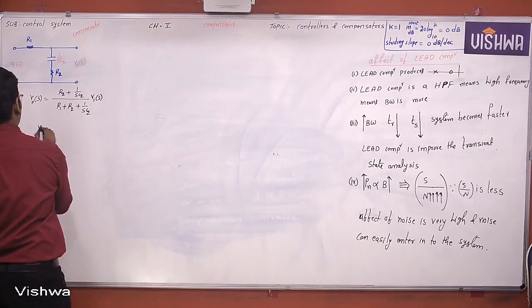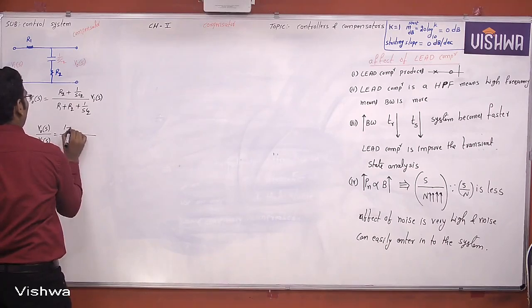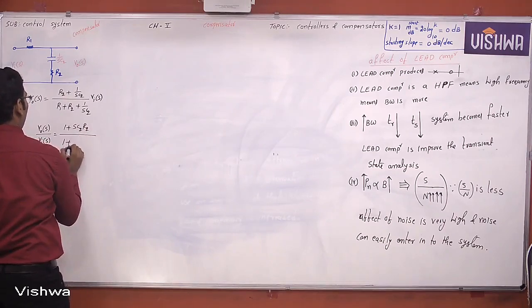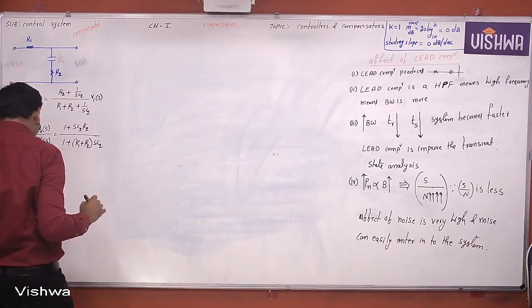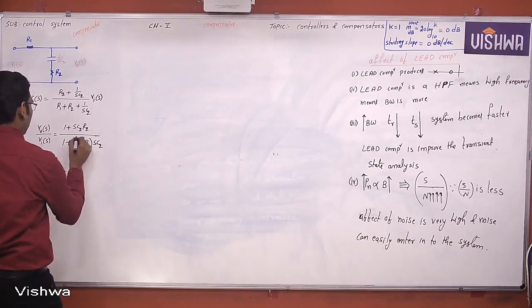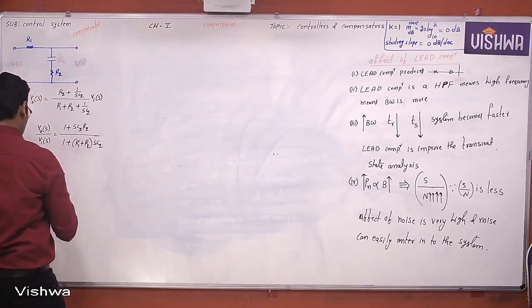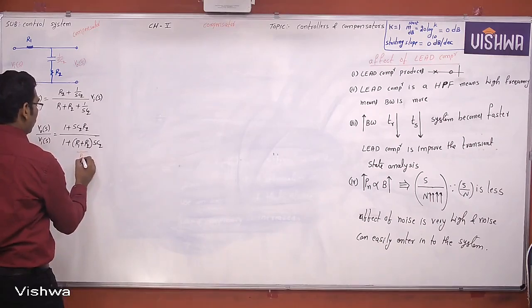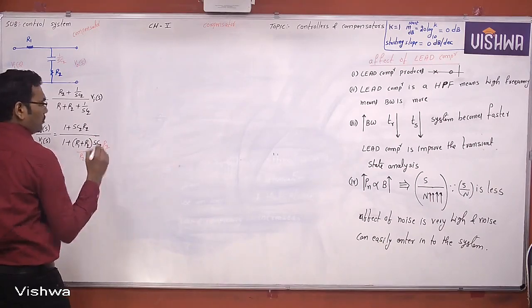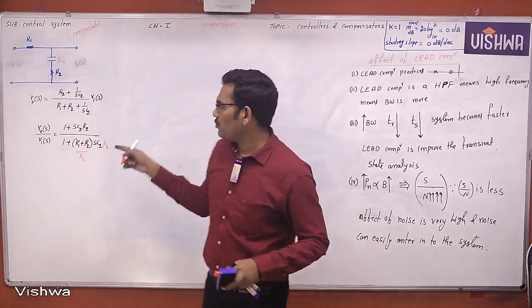The transfer function, Laplace transformation of output by Laplace transformation of input, is equal to 1 plus SC2 R2 by 1 plus R1 plus R2 into SC2. Now in the denominator itself, I just multiplied with R2 and divided with R2.